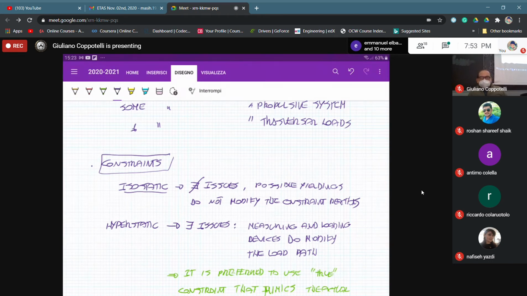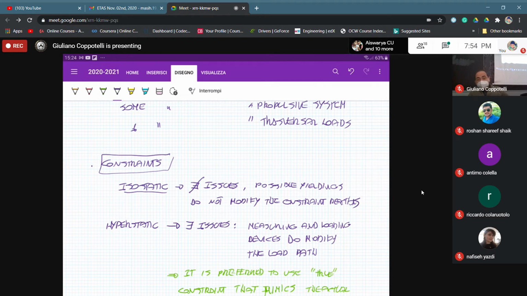You need a portion of fuselage to attach the wing to. So we are moving from isostatic to hyperstatic conditions, in order to be closer to the actual operative conditions, with respect to what you got from laboratory activities.